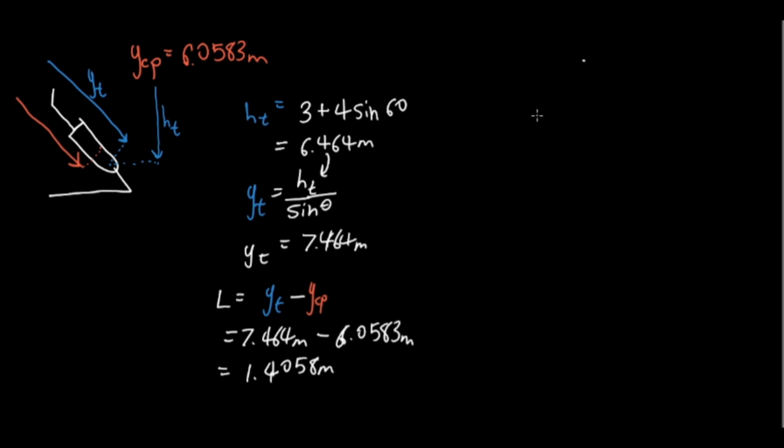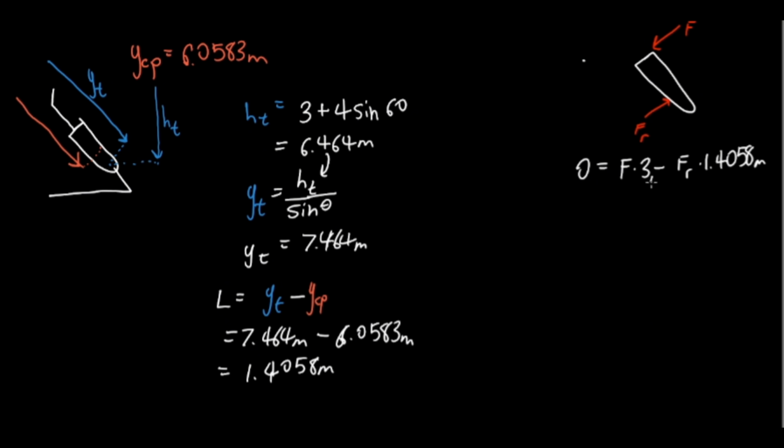Now we can do our final moment balance. So I'll draw the gate one last time, and then we're just about there. So we have F, just normal F, at the edge, and we have F resultant somewhere right around here, and we know the moment arms of each of these. And so this will be balanced. It'll be 0 is equal to F times 3 minus FR times 1.4058.